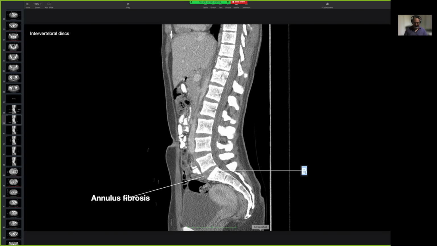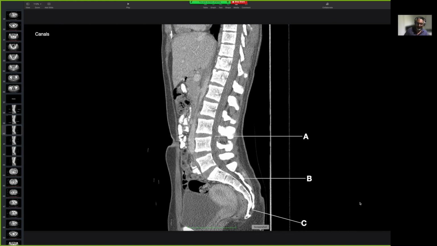Yes, B is nucleus pulposus. And can you tell me which lumbar intervertebral disc this is? It is L5S1. I think you were saying that and I cut you out. So yep, it's L5S1, correct.